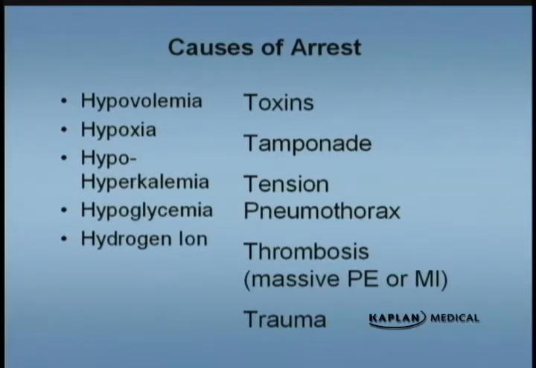So you want to start saline, Ringer's, O-negative blood, as much fluid as you can get. Severe hypoxia causes PEA. So you want to correct hypoxia. Hyperkalemia, hypoglycemia, acidosis, hypomagnesemia, all these things, electrolyte disorders, cause arrest.